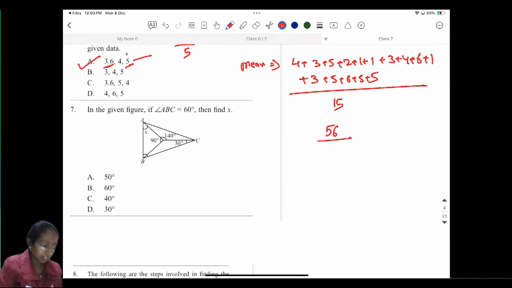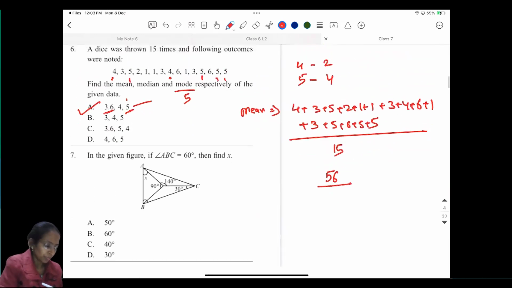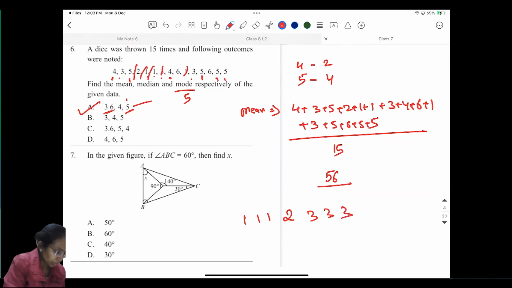Now, next, seventh one. You can even check the median also from this by arranging the data in ascending order, like 1, 1, 1. 3 times 1 is there. Then 2 is only 1 time. Then 3. 3 is 1, 2, 3 times. Okay.